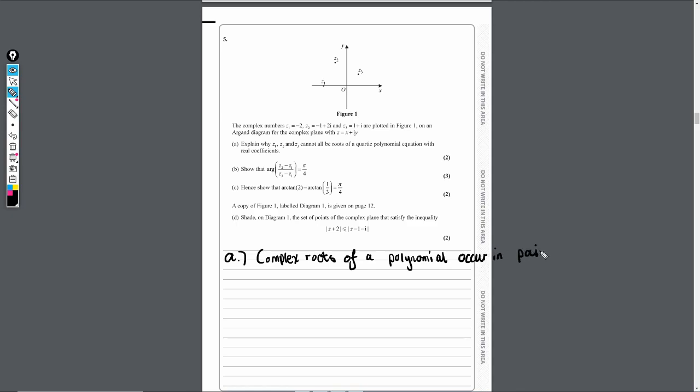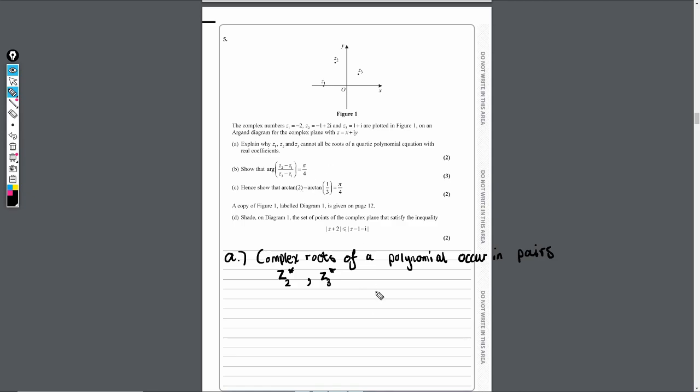So the issue is here now, if you've got Z1, Z2 and Z3, well, we've got the complex conjugate here of Z2, and then we'll have Z3. So the issue is here now, we've got Z2, the conjugate of Z2, conjugate of Z3, and we've got Z1, Z2 and Z3.